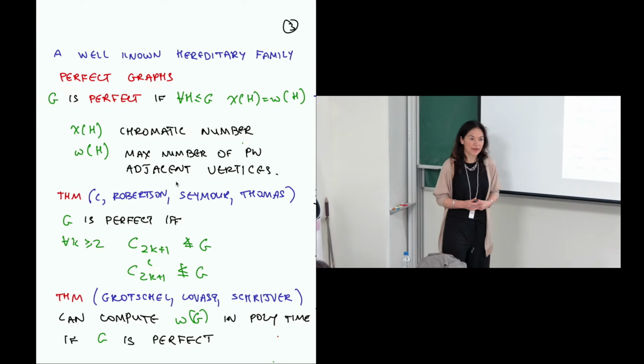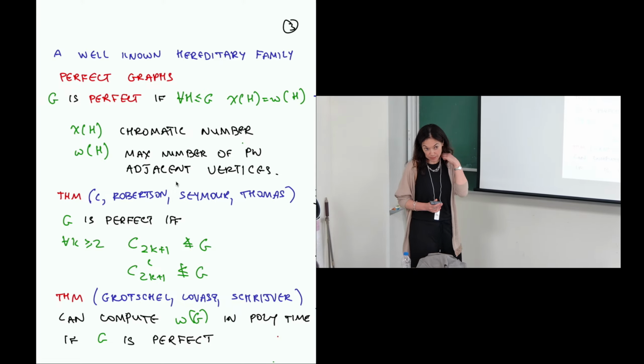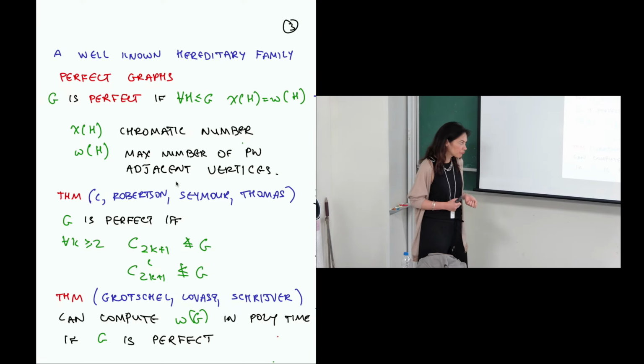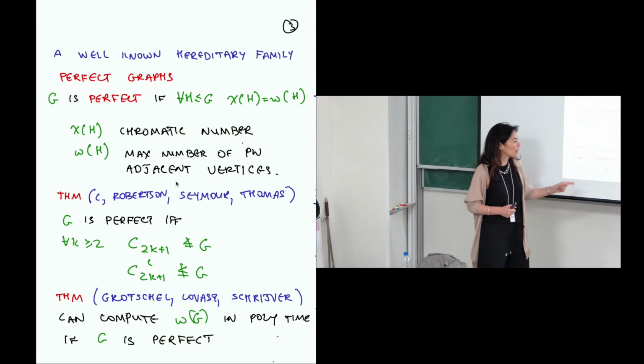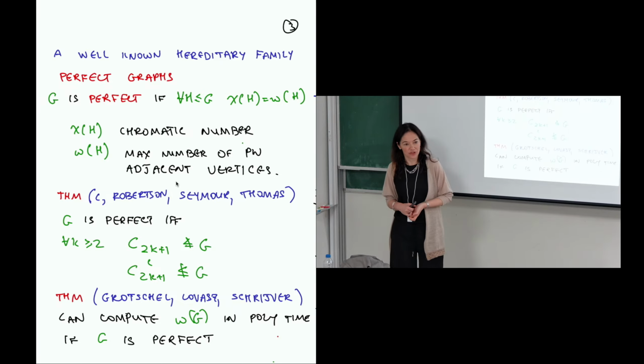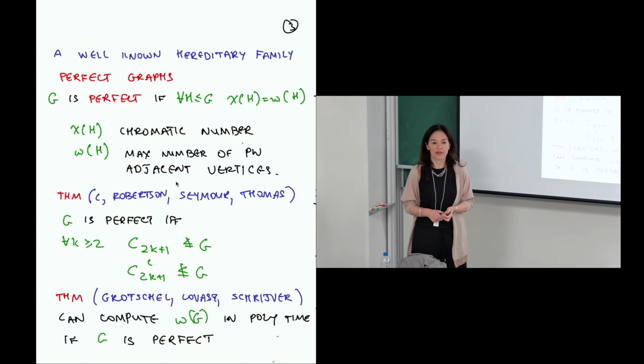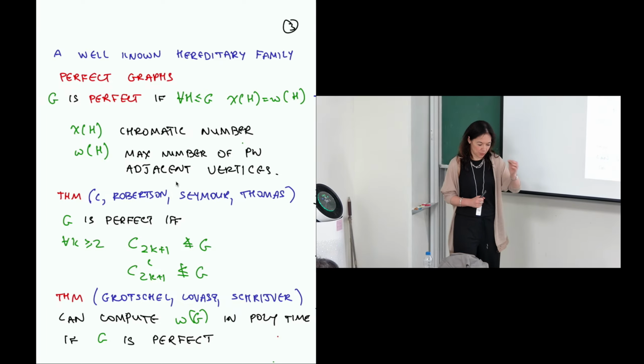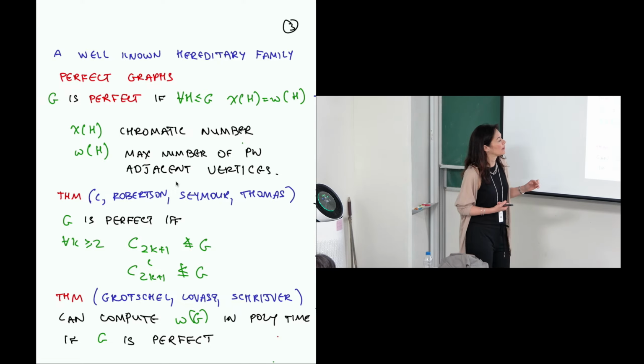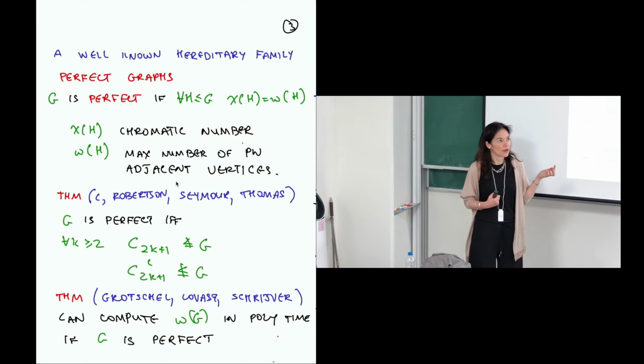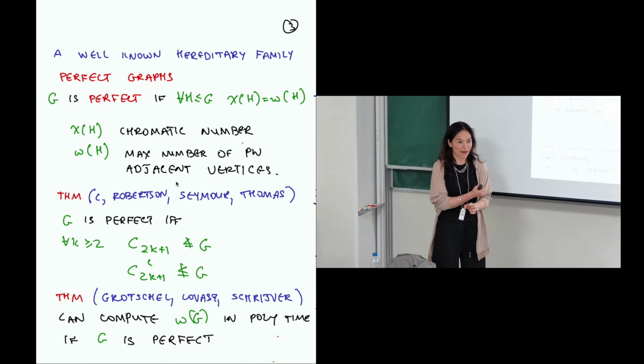There are problems that are NP-complete in general, but you can solve them in polynomial time if you promise that the input is perfect. What kind of problems? Well, for example, computing the size of the largest clique, or slightly more generally, putting weights on vertices and looking for the weight of the heaviest clique. Another problem like that is computing a maximum stable set or a maximum weight stable set.